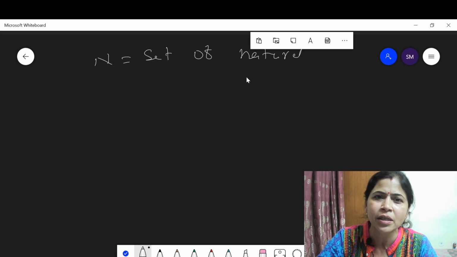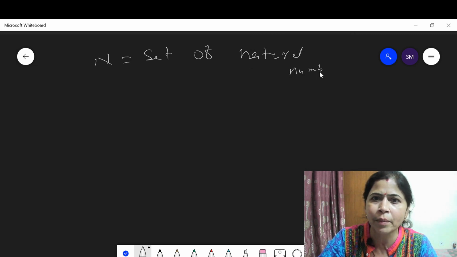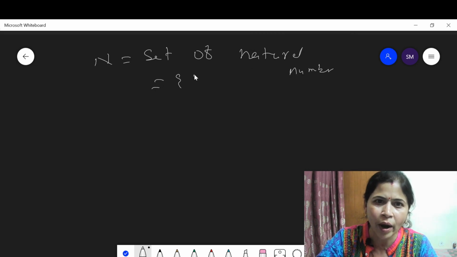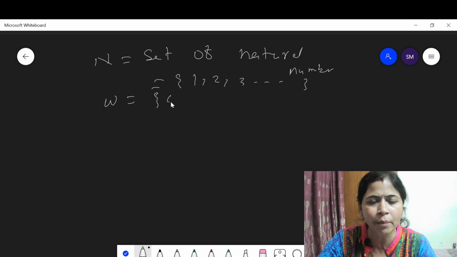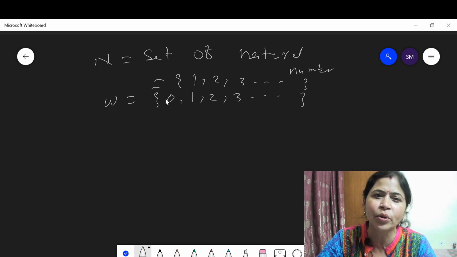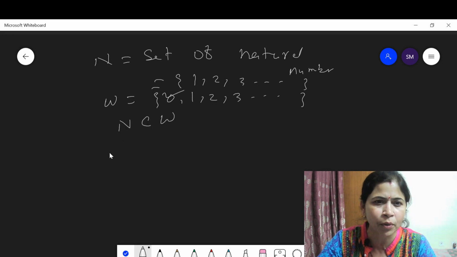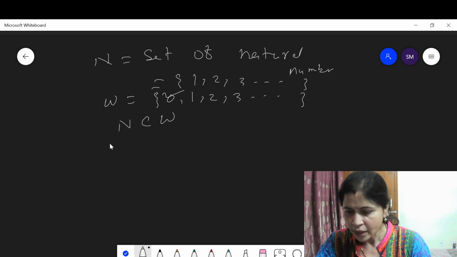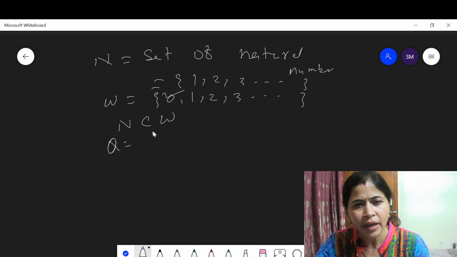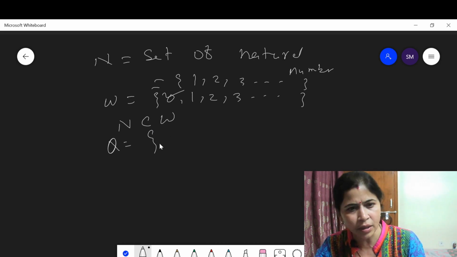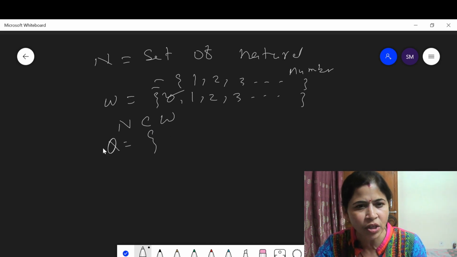Natural numbers mean counting numbers: 1, 2, 3, these are all counting numbers. W is the set of whole numbers, which contains all natural numbers and includes 0. This means N is a subset of W. And here Q is the set of rational numbers.